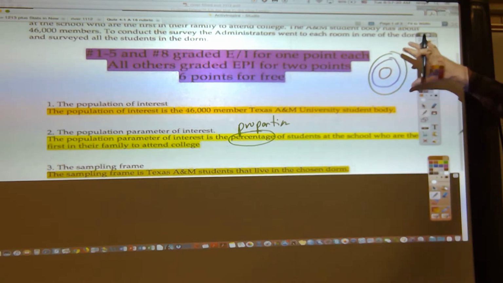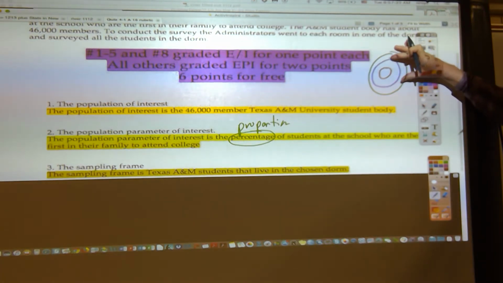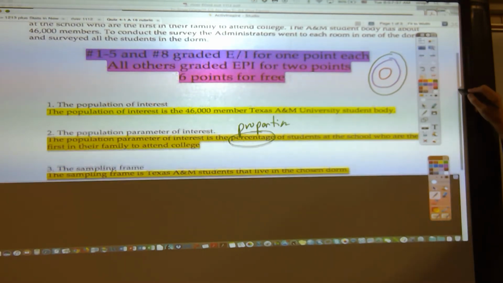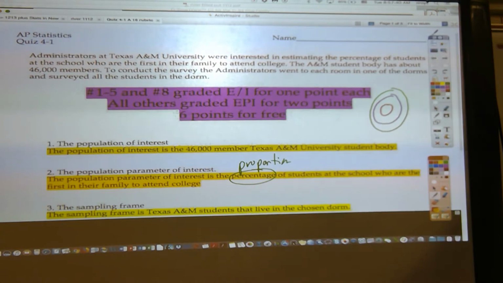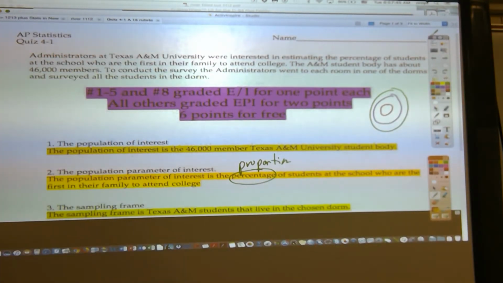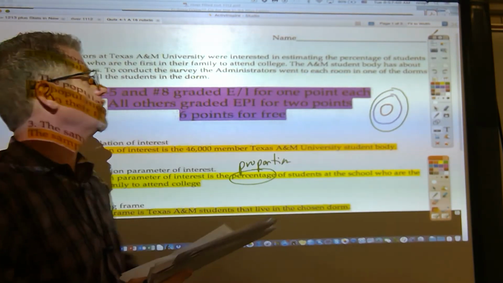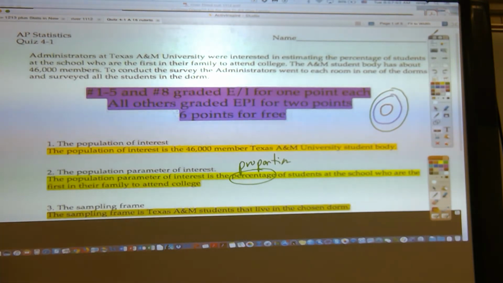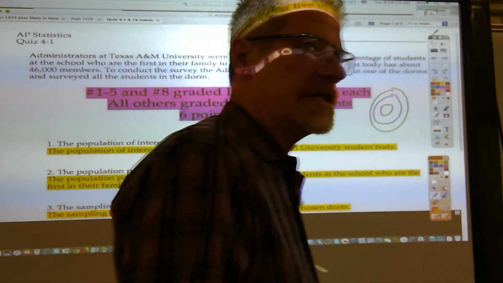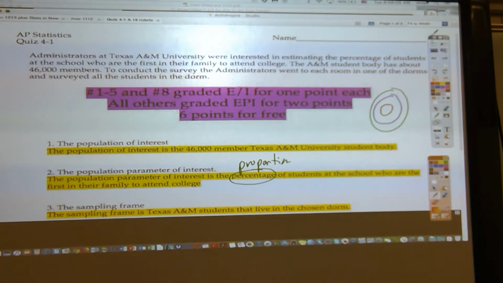What's the sampling frame? So instead of the green circle, we're now moving into the purple circle, the sampling frame. And notice what they did. They said, well, instead of looking at a list of all the students, they went to each room in one of the dorms and surveyed all the students in the dorm. I wonder how they selected that dorm. I wonder if they picked it at random, or whether they said, oh, that's the dorm closest to the administration building.